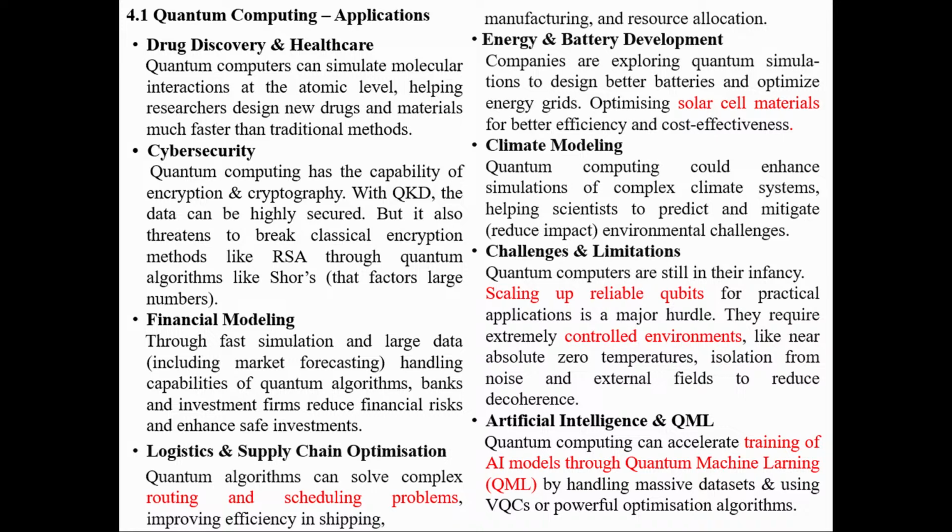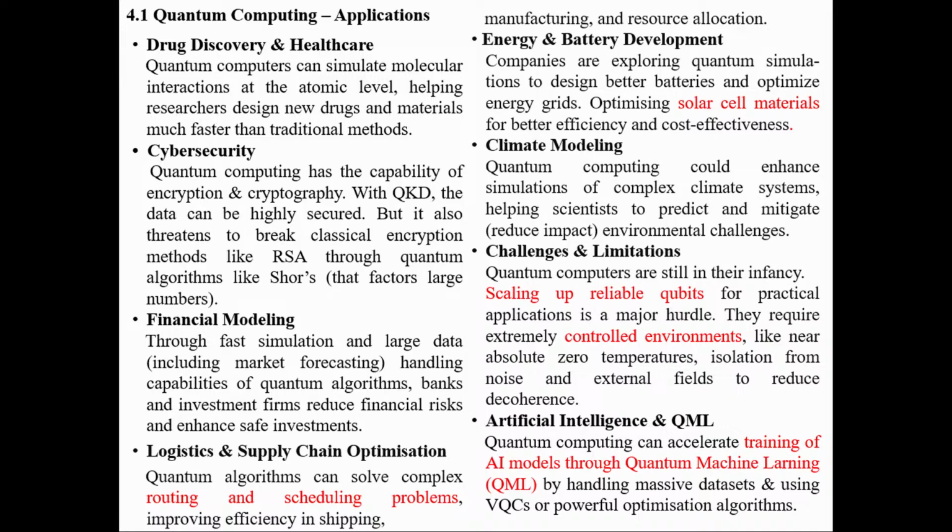And energy and battery development. To develop anything, maybe a solar cell or a battery, you need an economic way of choosing the material. But efficiency should be there, and it should be economical. To do all these things, you need a lot of simulations, and for that this can be used.